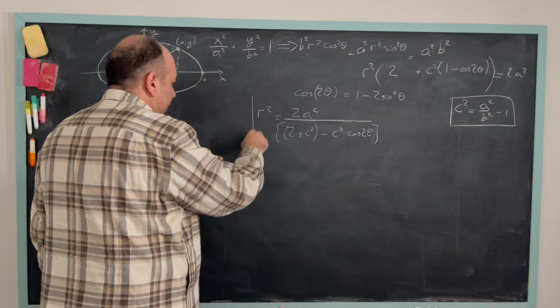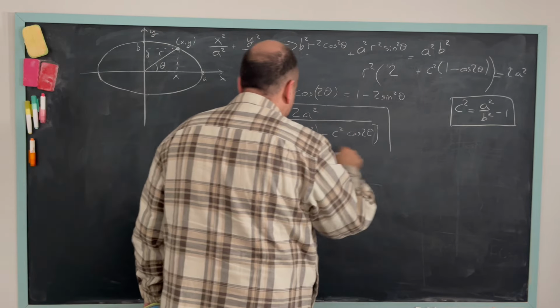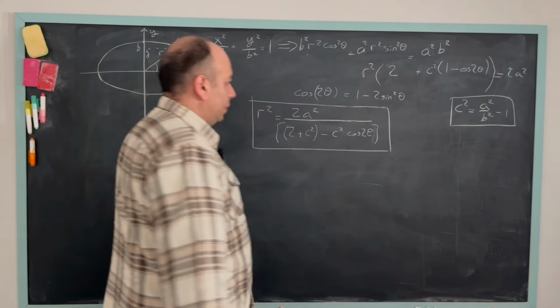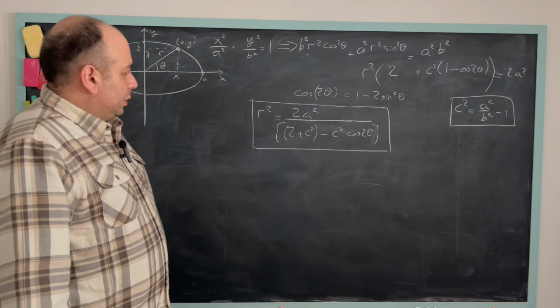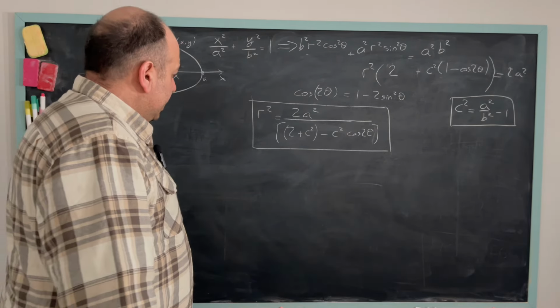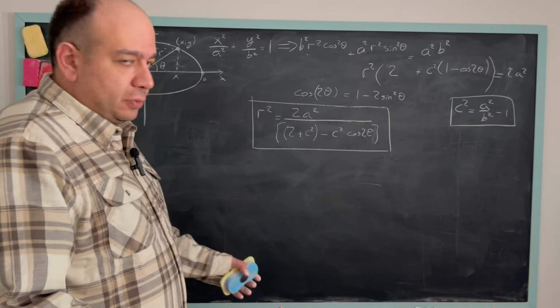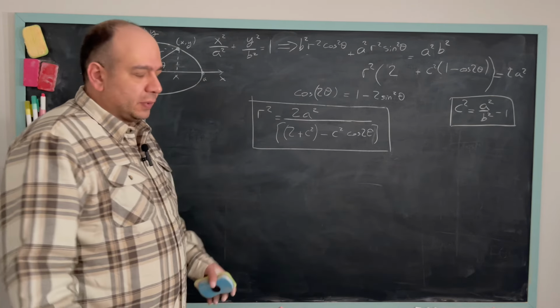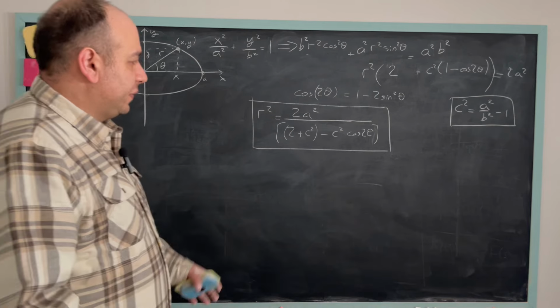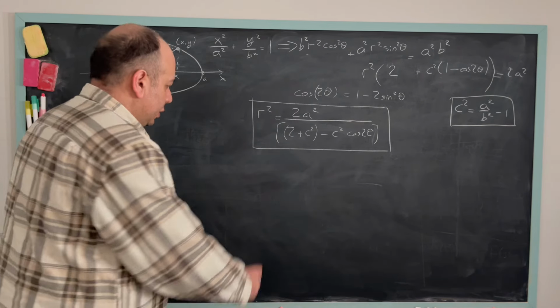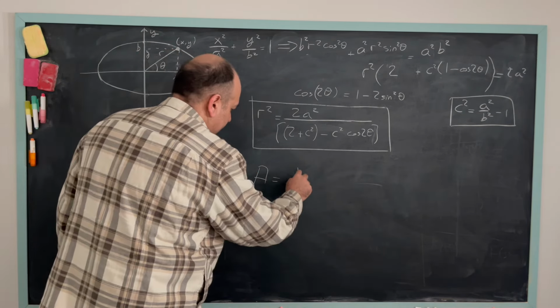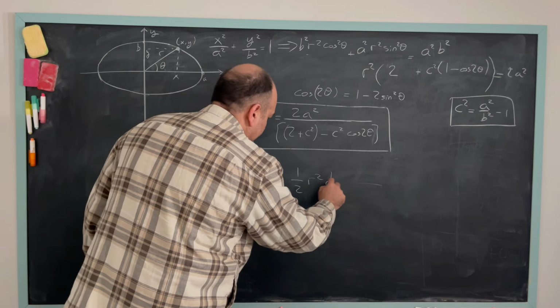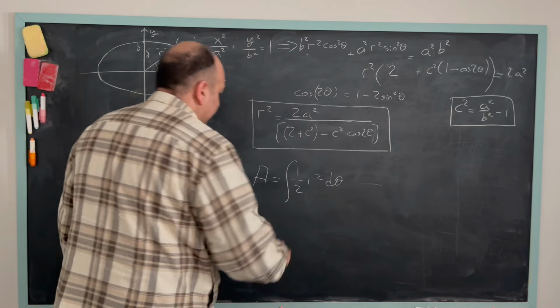Okay? And this is my r squared. So as you may remember, I need to integrate it over theta. And there was another factor of 1/2 in front. So this is what we will try to calculate now, the d theta integral.